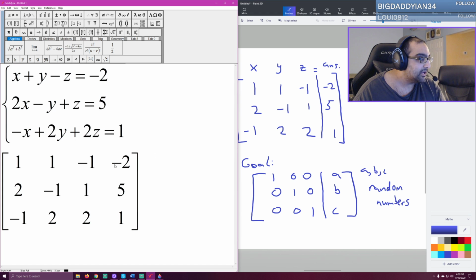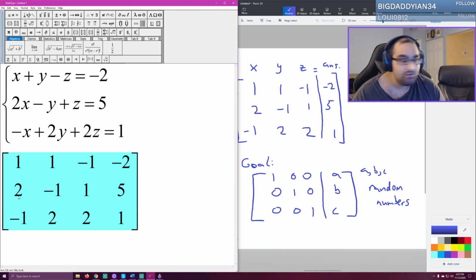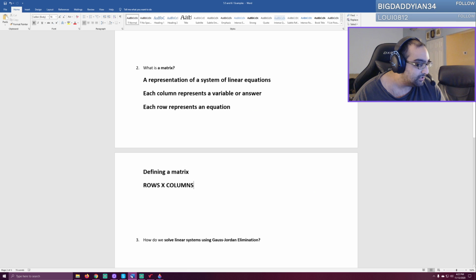Typically, these matrices don't have this line here, but I put the line here to remind myself what it's equal to for each equation. So if it helps you when you write it out, write it with this line here. You cut the difference off here. Now that we have a good idea about what this matrix is supposed to look like, let's talk about how we can take care of the next question here on the handout.